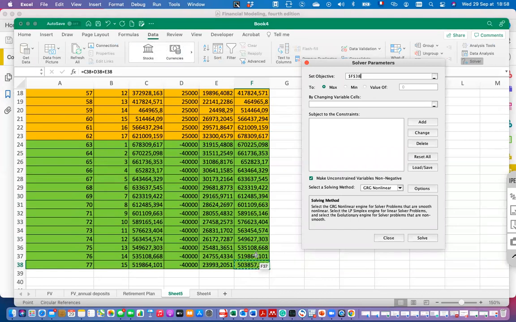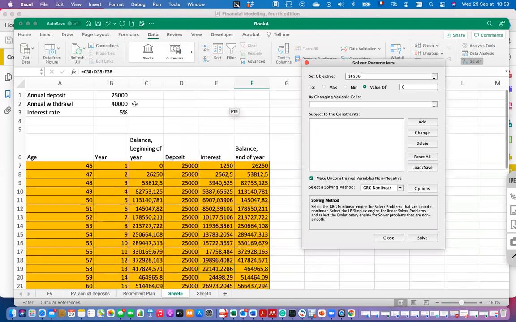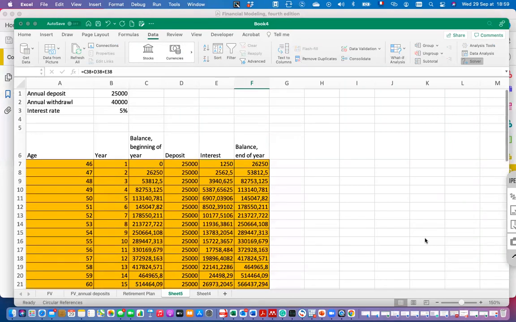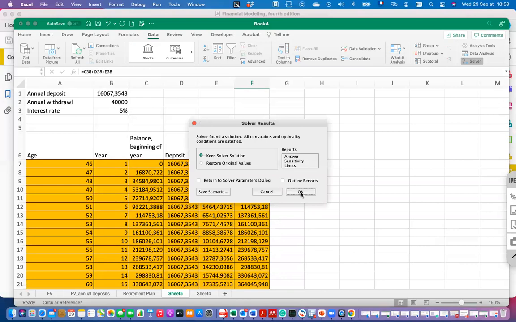See here, it is the final cell, the last cell, to value of 0 by changing the annual deposits, and then click on solve. Now let's just wait for a few seconds, and that's it.